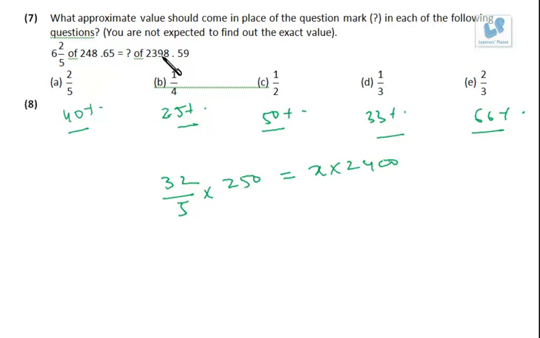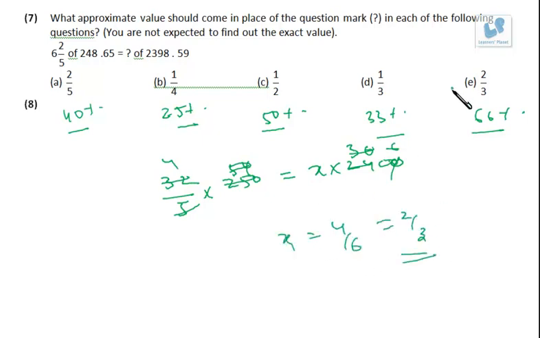So in fact, the effect of approximation is already nil, right? Now just calculate it. Quite simple problem. It is 50, the 0 is gone, 8 threes are 24, and this 0 30, then this is 5 sixes are 30. So x is 4 by 6, or we can say 2 by 3, right? Quite a simple problem. It seems to be tedious, looks to be tedious, but actually it is not.